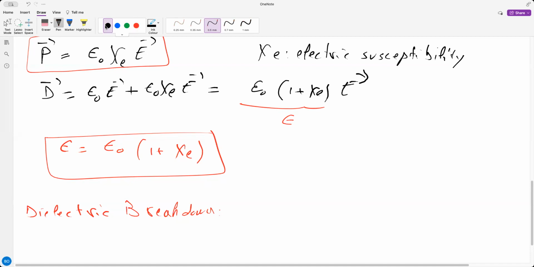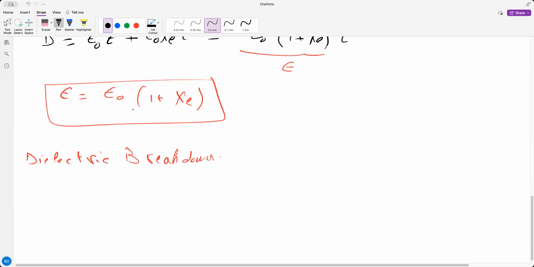If you apply a very, very large electric field to a dielectric, there will be a phenomenon called breakdown, where some of the electrons will be extracted from the molecules or from the atoms, and they will induce a kind of short circuit, which will make your dielectric somehow a conductor, and then it will just lead to a breakdown. This is what you see, for example, when you have a capacitor.